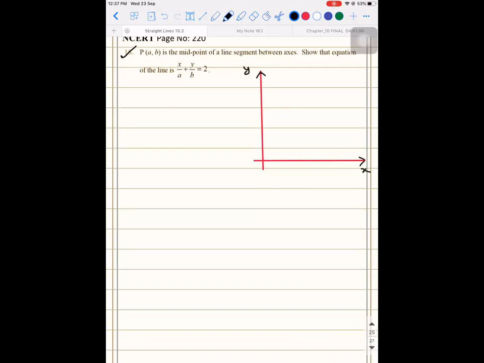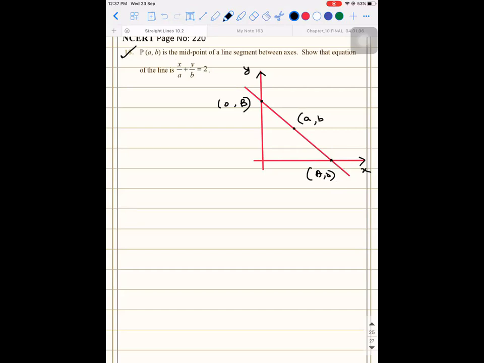So what did they say? There is a line between the coordinate axes. If this point is capital A comma 0, and this point is 0 comma capital B, then what did they say the midpoint is?